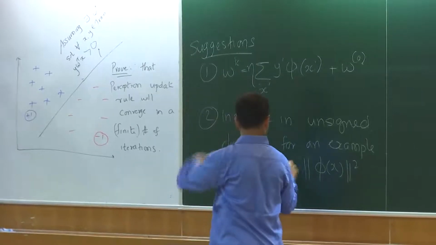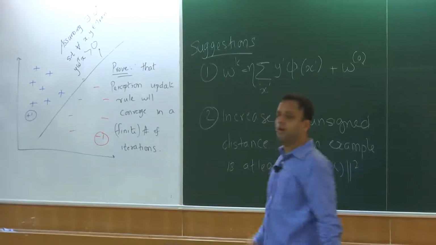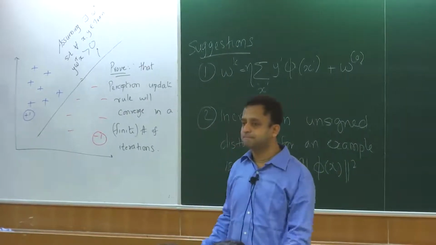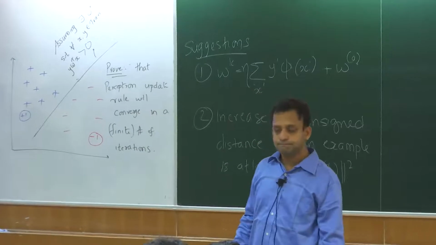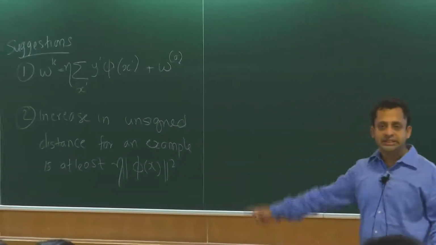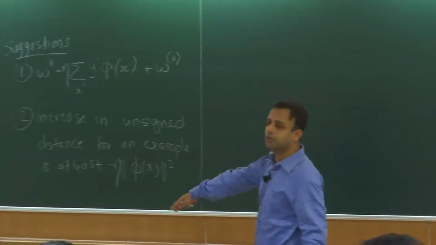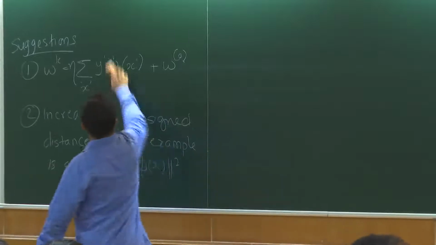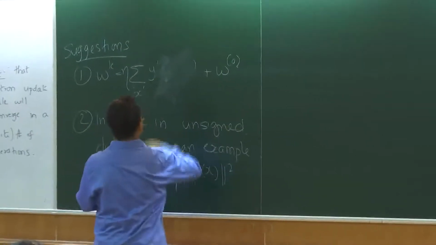You put eta here. Now how will you use this across all training examples? See, this certainly tells you that you have to assume something about phi x squared. Okay, I'm going to write it as x squared, just to, let's just keep it as x prime.